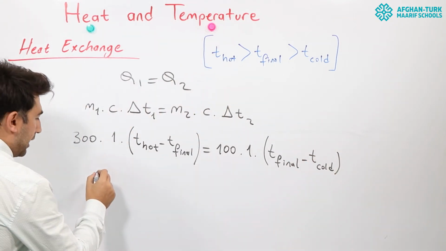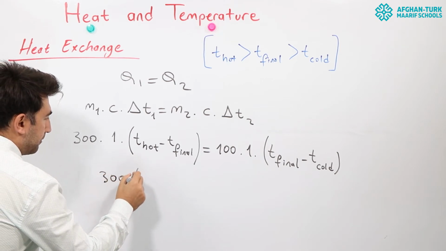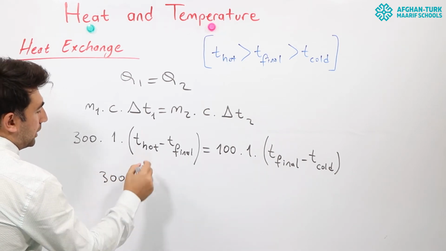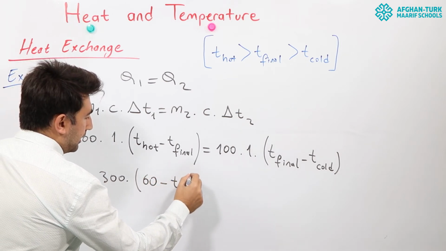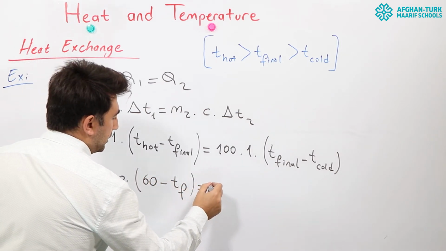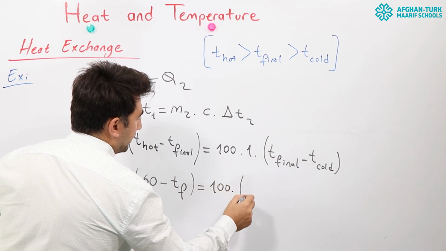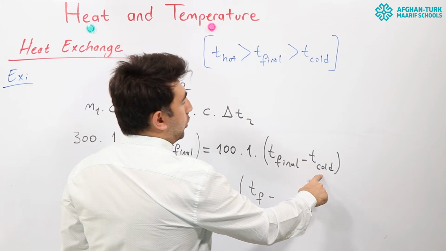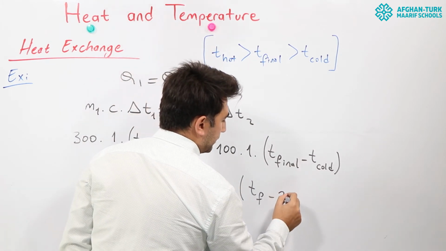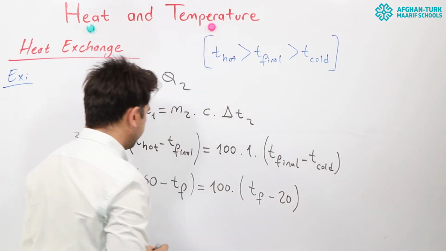And here we have 300 times T hot, which was 60 degrees, minus T final, let's say TF, that's equal to 100 times TF minus T cold, which was 20 degrees Celsius.